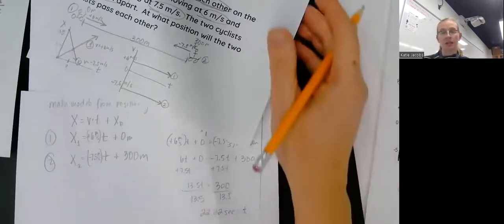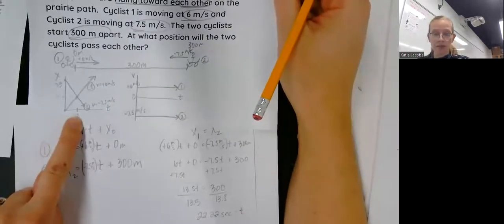And I'm going to do that in my calculator. 300 divided by 13.5 is 22.2 seconds repeating. I'll just round that to 22.22 seconds is t. Now I realize I got my time. I know the time that they're at the same position.